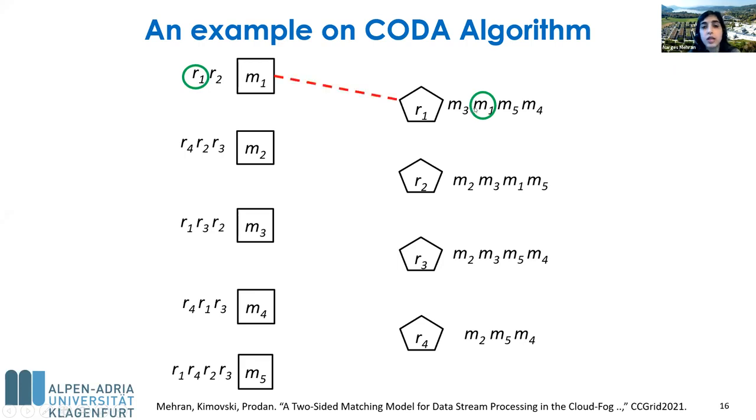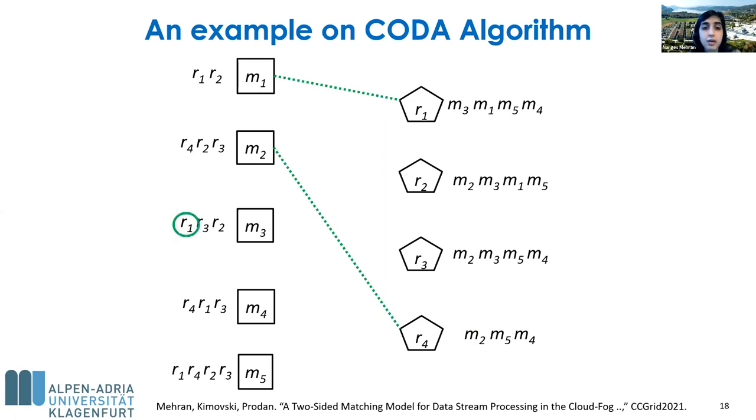Then these two will be tentatively matched to each other. In the second step, M2 also looks into its preference list and sees that R4 is in the highest rank. R4 also previously had ranked M2 in its preference list. So these two players also will be tentatively matched to each other.